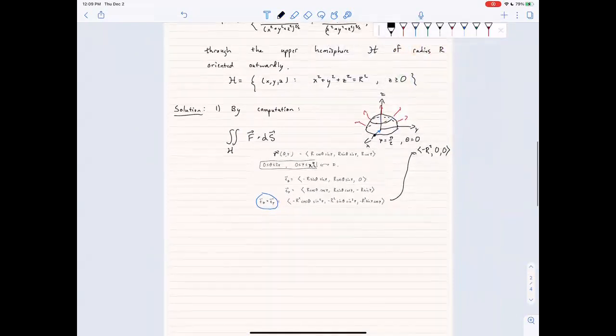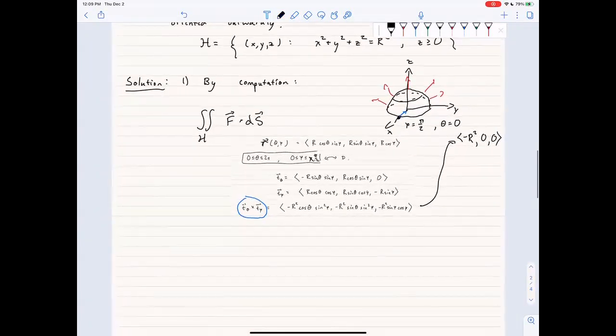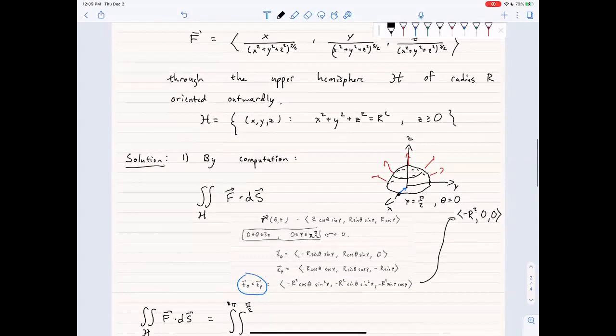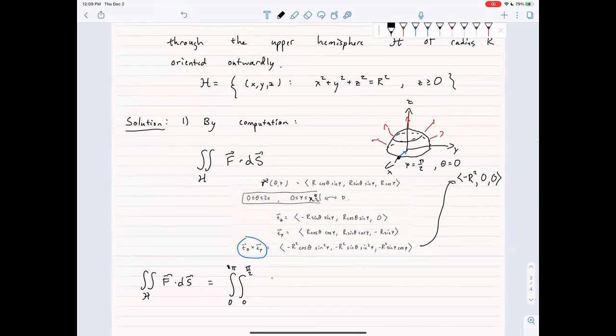Okay, I have everything I need. I'm going to go ahead and do it. I need to do the integral of F dot dS. It's going to equal the integral, going from 0 to pi over 2, and then 0 to 2 pi. And I'm going to do F. My vector field F is up here, but I noticed something about F. This is 1 over r cubed times x, y, z.